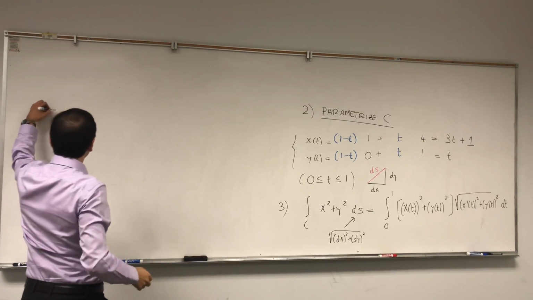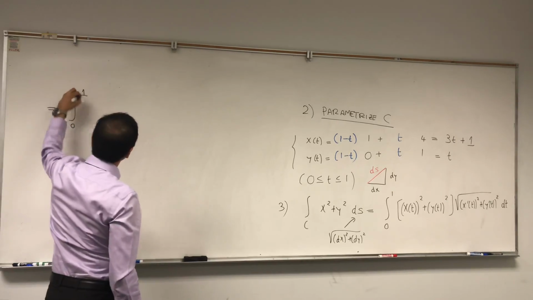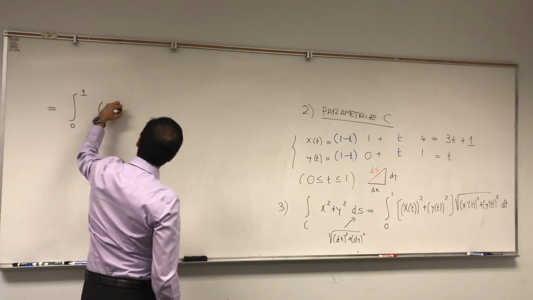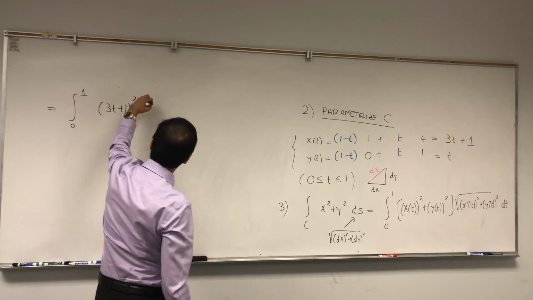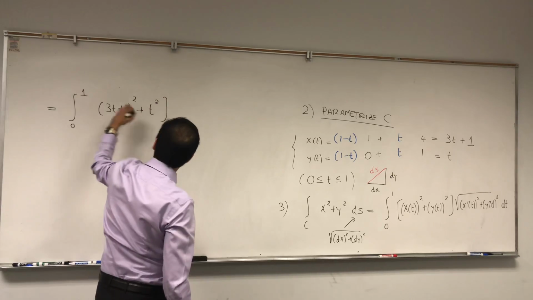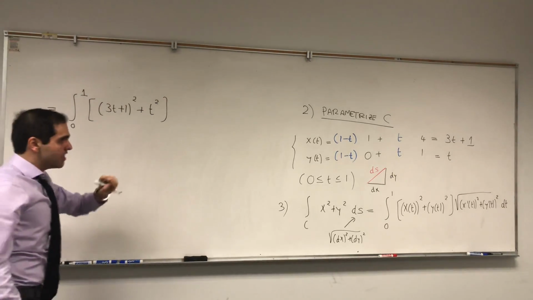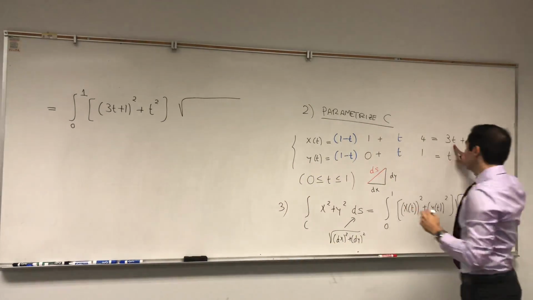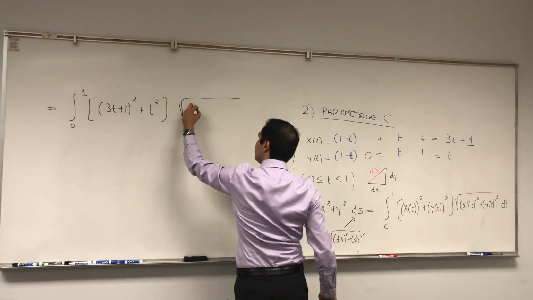Okay, and then you just have to plug in our formulas for x and y. So it's the integral from 0 to 1 of (3t plus 1) squared plus y squared, which is t squared, times square root of x prime squared. So the derivative of x with respect to t is 3, so 3 squared.